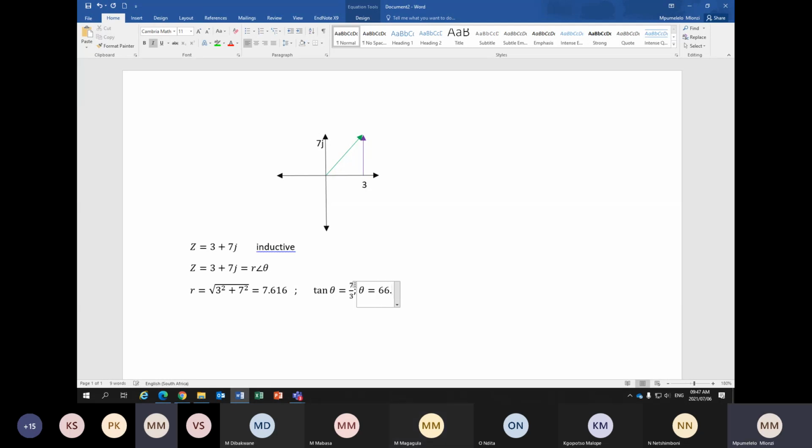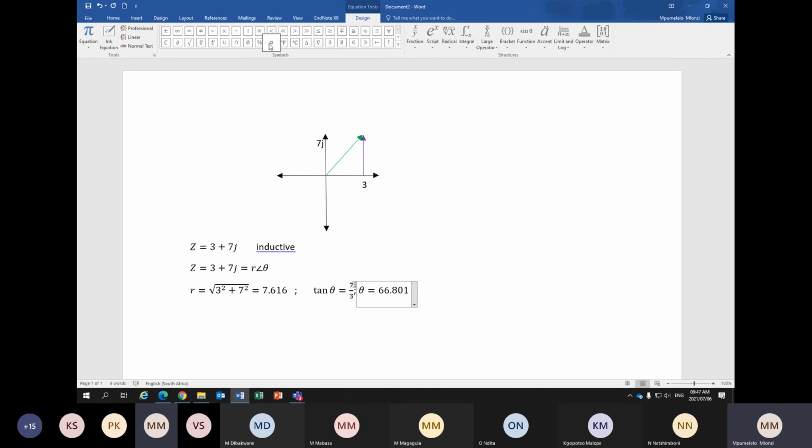66.801. Right, now this is the angle, meaning your rectangular form can be expressed in polar form as 7.616 at an angle of 66.801 degrees.